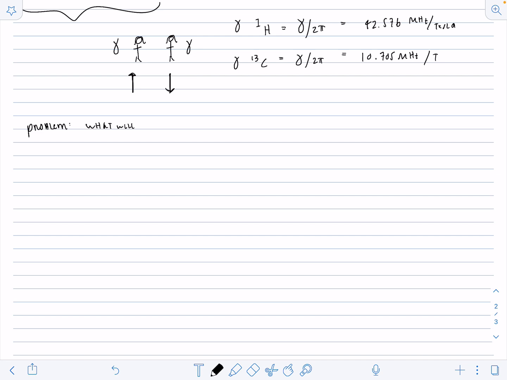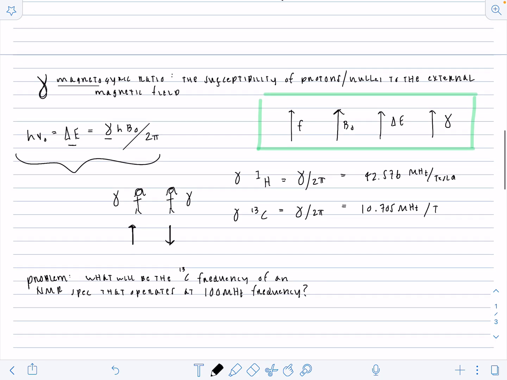What will be the carbon 13 frequency of an NMR spectrometer that operates at 100 megahertz frequency? Okay, so before we do this problem, we have to combine the relationships that we had up here.